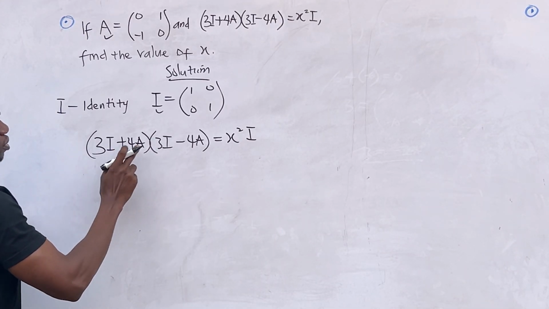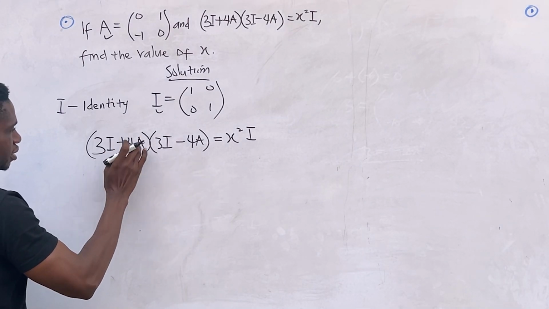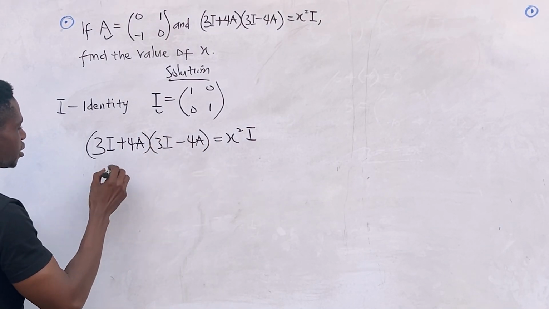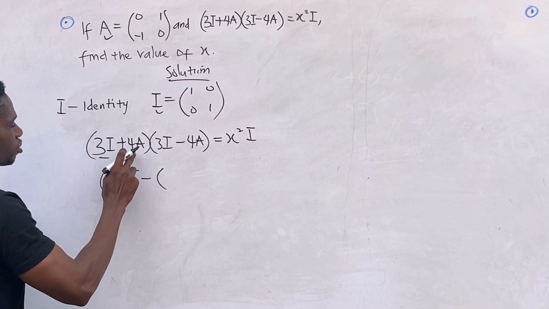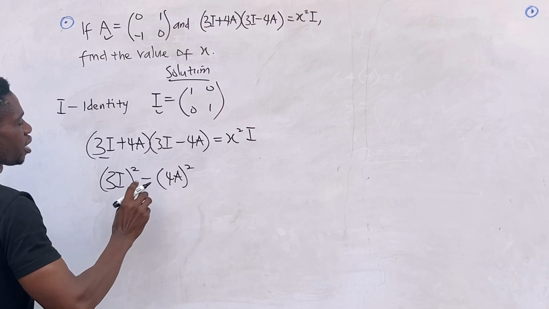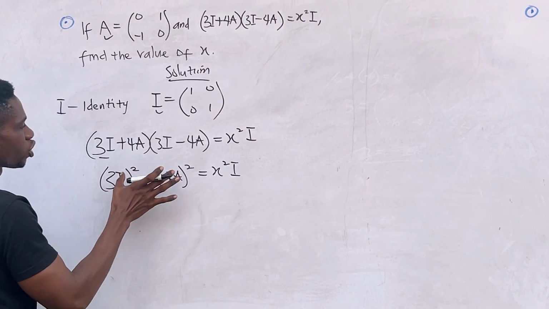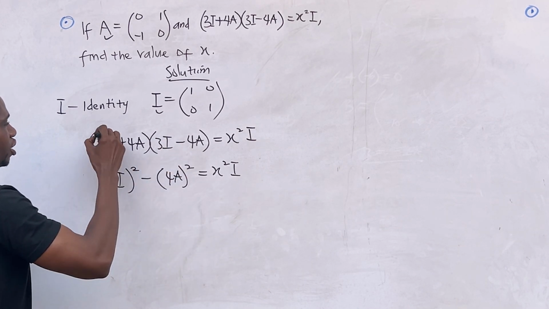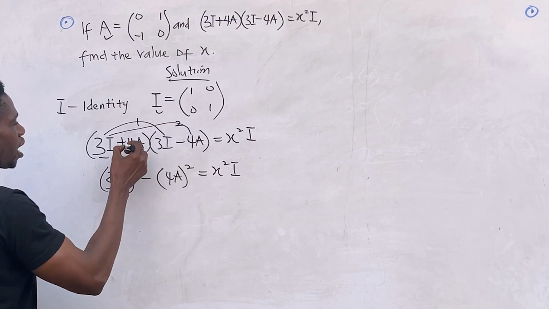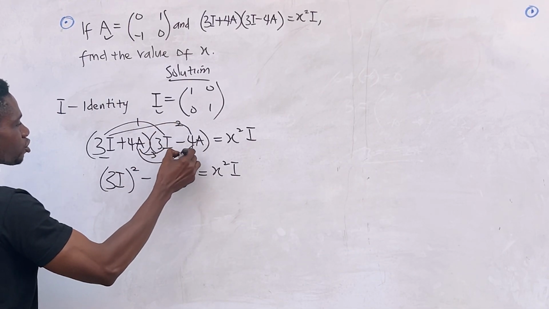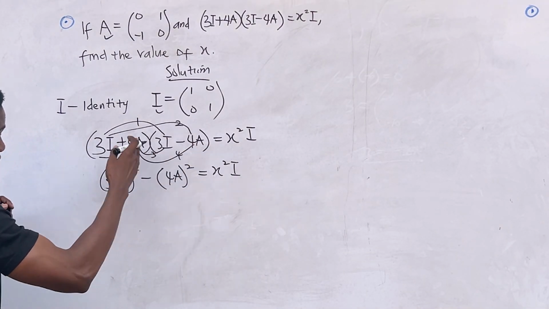Now looking at these products, they are conjugates. They differ only in sign. So the fastest way to resolve that, we pick the first, 3I squared, minus the second, 4A squared, equal to x squared I. You do this when you have a conjugate, but otherwise you expand: this multiplied by this, and by this, and 3 and 4, and you have your full solution.